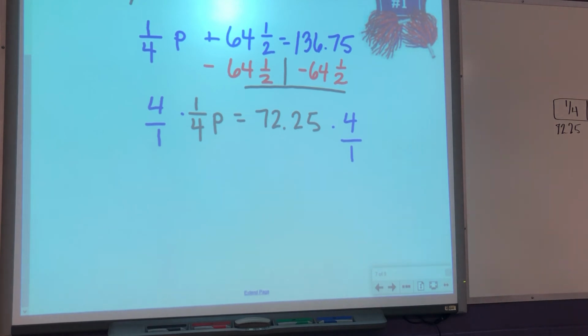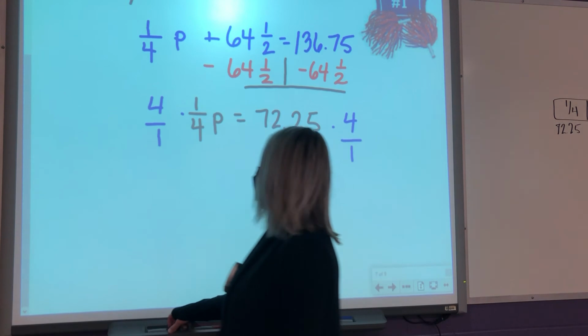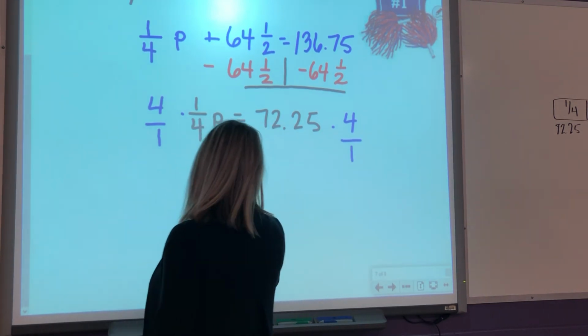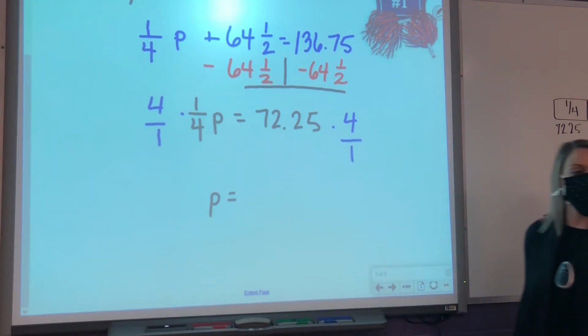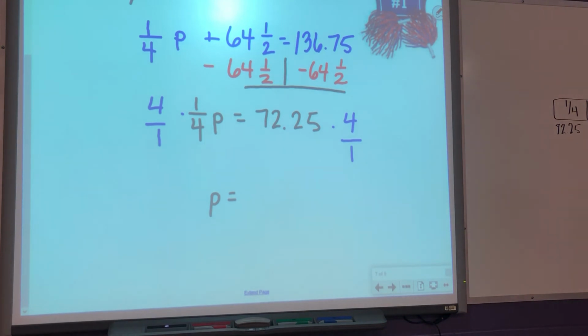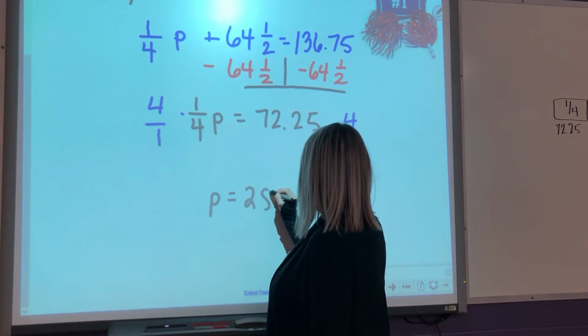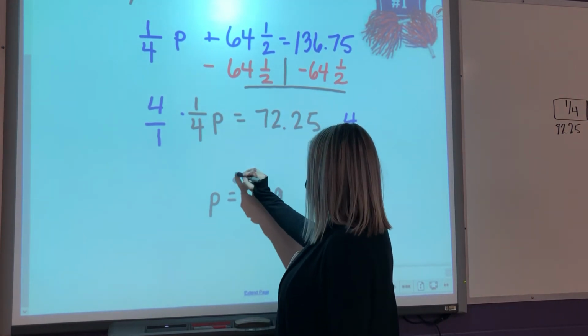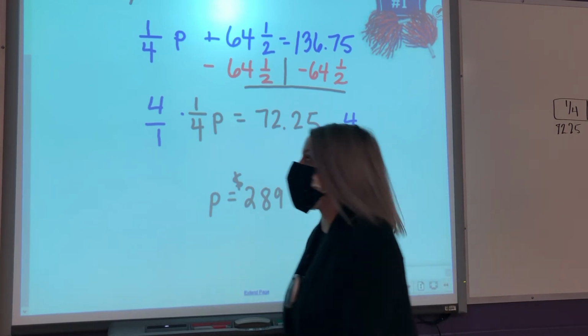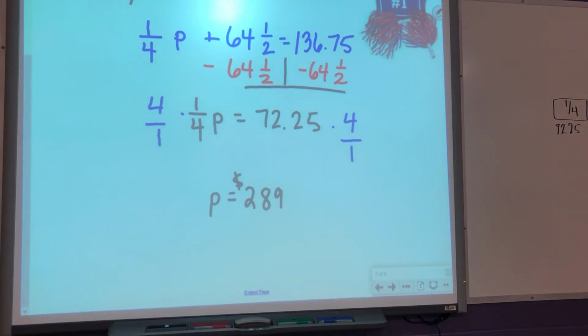So 72.25 multiplied by 4. How much should we make in pom-pom sales? $289. Didn't it say they only made $138? Okay, yes, they did say they only made $138.